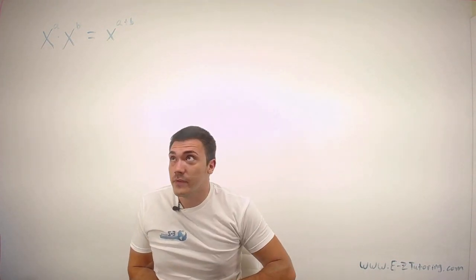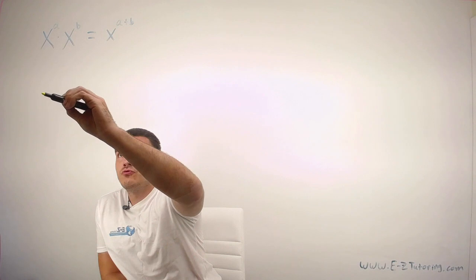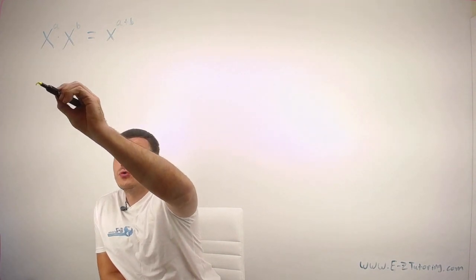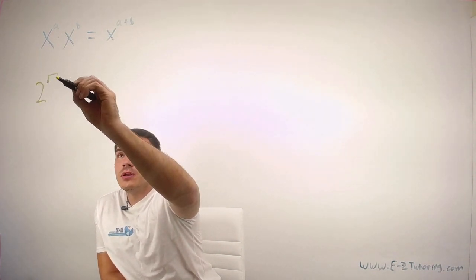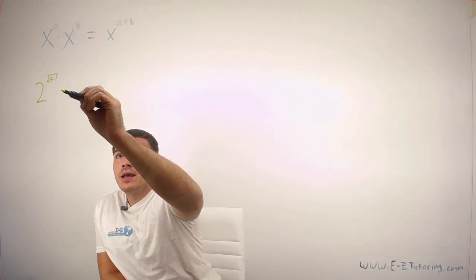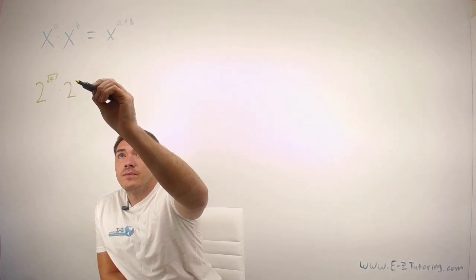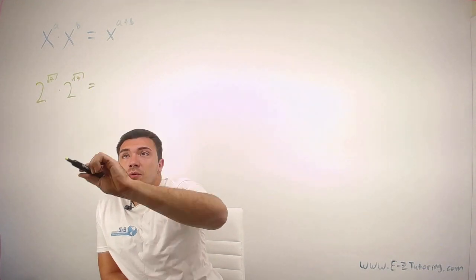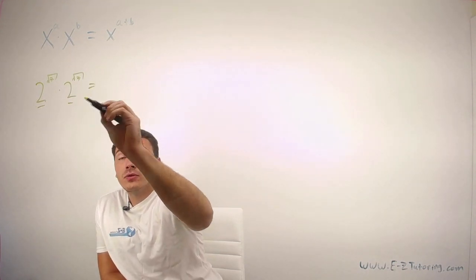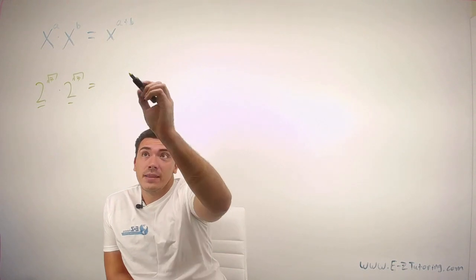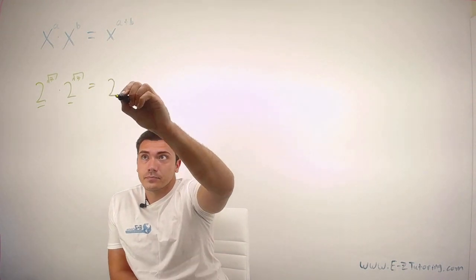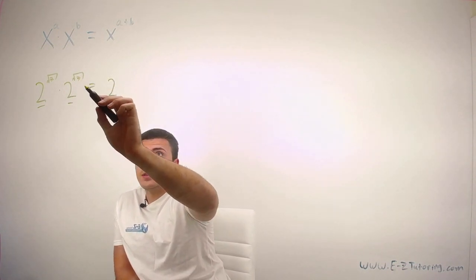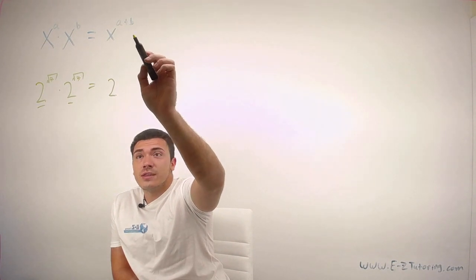So, a good example of this, say we have 2 to the square root of 7 times 2 to the square root of 7. So we have the same base, they are both 2's, so we can combine them to get just one 2, and then we take the exponents, and this rule tells us that we just have to add them.